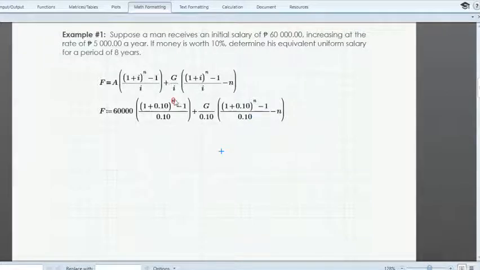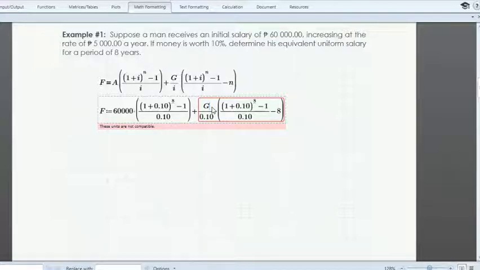Then, yung N naman natin, ilang years ang i-consider natin? Ilang years ang kukomputin natin? 8 years. So, palitan mo si N ng 8. Lahat again ng N, papalitan mo ng 8. Number of payments. So, we have 8 years. Ano pa ang kulang dito sa ating formula? Itong letter G. Tama? Yung letter G natin is the constant amount.